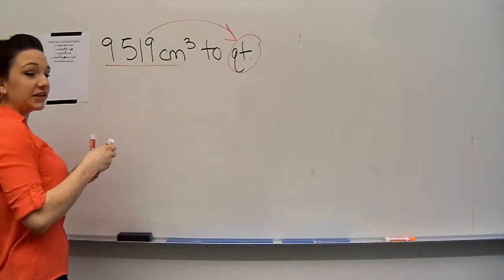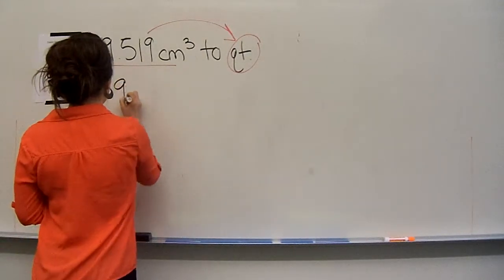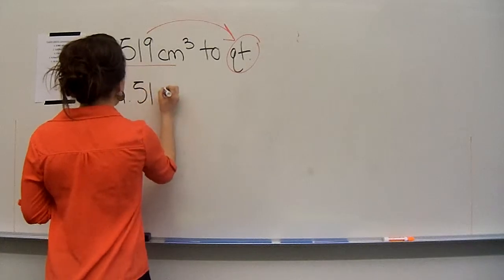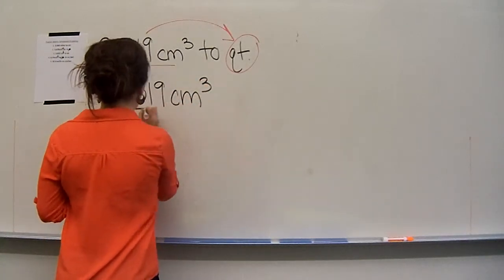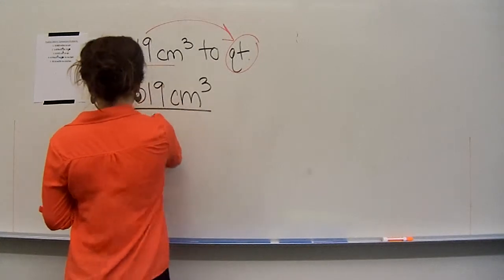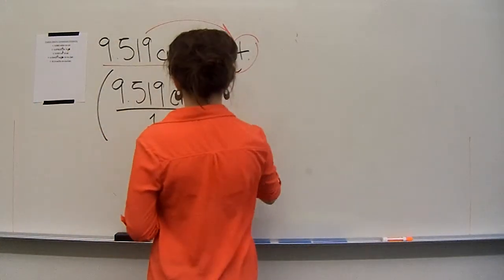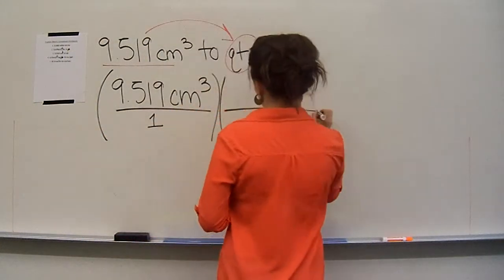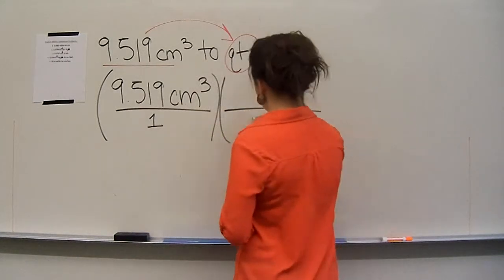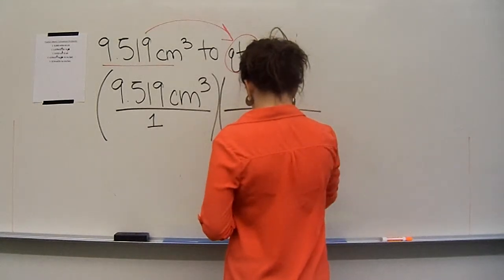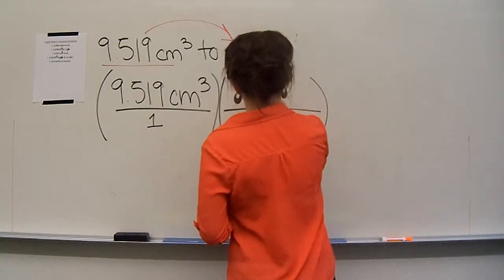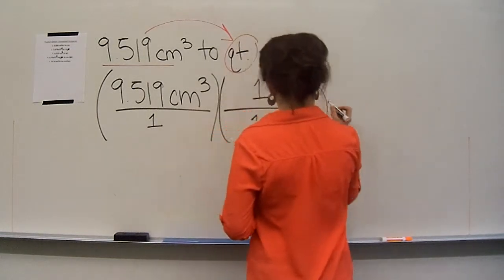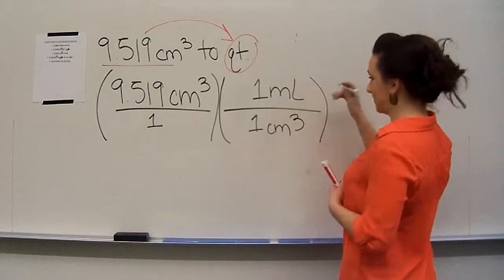We will write our given, 9.519 centimeters cubed over 1, and add this set of parentheses. We will match this diagonally. So 1 centimeter cubed is equal to 1 milliliter, matching them vertically.